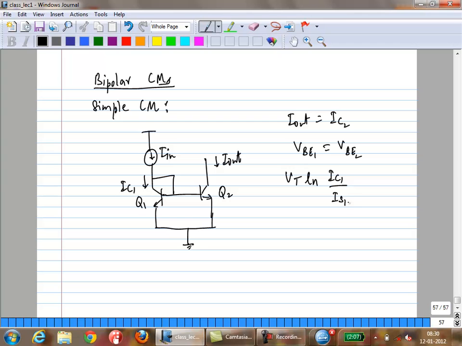So it's VT ln IC1 by IS. So the ratio of the two collector currents is nothing but the ratio of the two saturation currents, right?